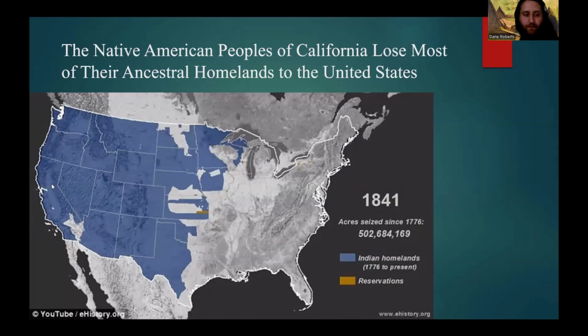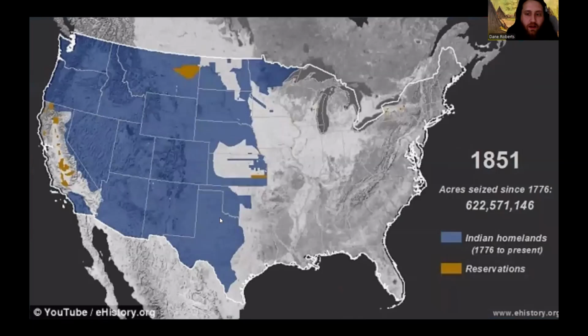All of the Native American peoples of California. This is all the land they held in 1841. And then this is all the land they held just 10 years later. Look at how much land the Native American peoples of California lost to the United States in just 10 years.